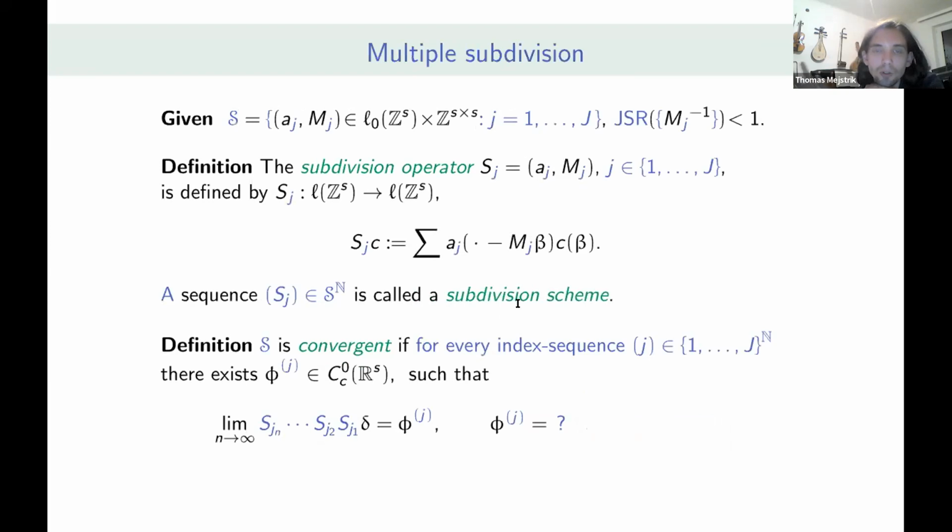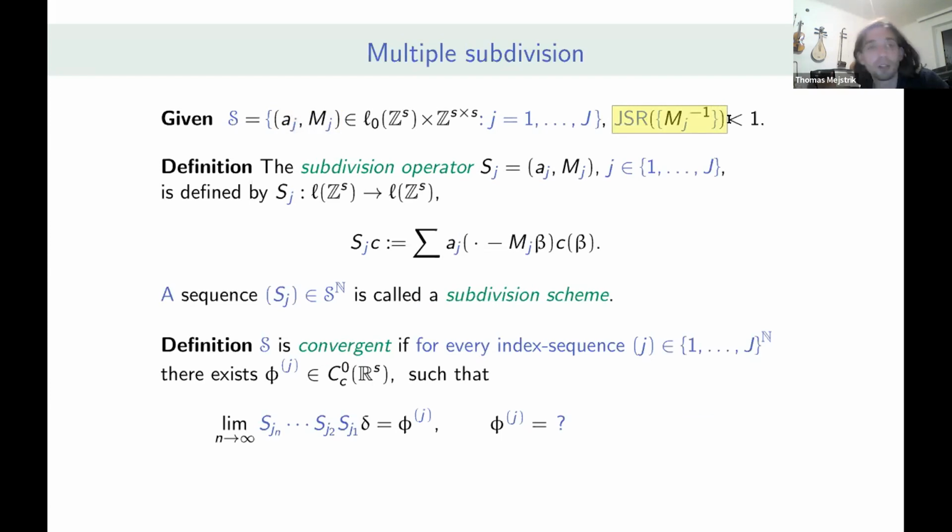And so now we have a look at the definition of multiple subdivisions. For that, we have a finite set of subdivision operators, all defined with some data generation rule, masks A, and dilation matrices M. Now the dilation matrices must be jointly expanding.